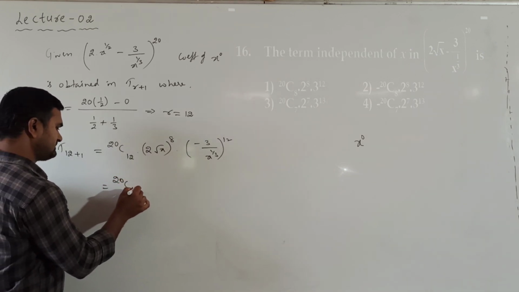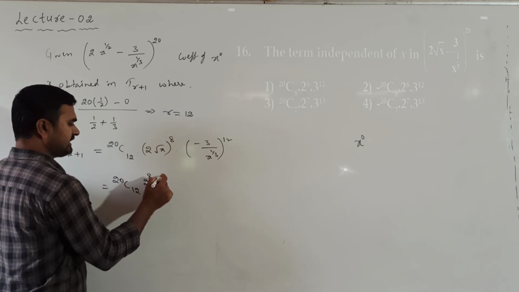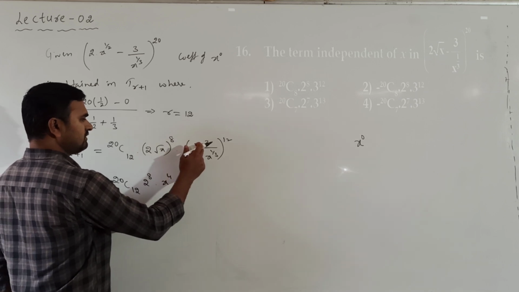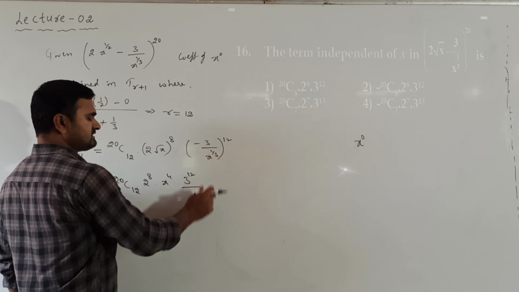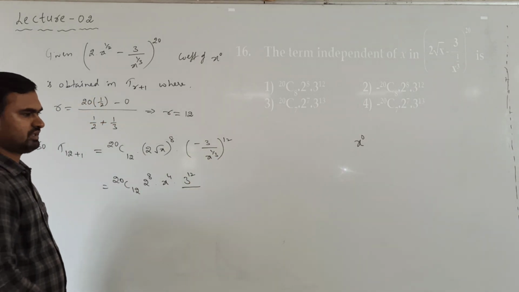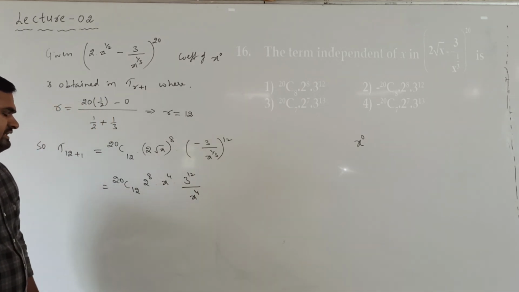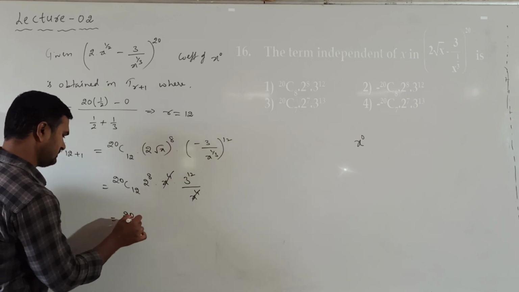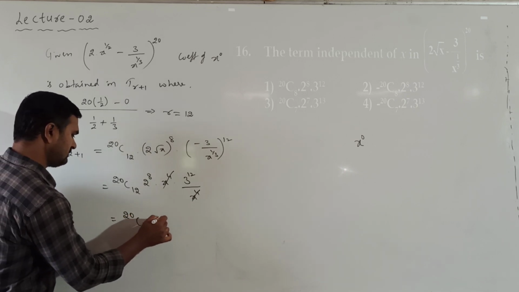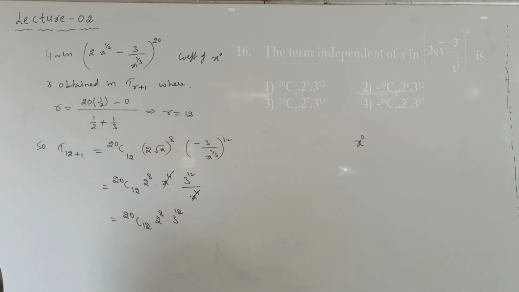So 20C12, 2 to the power of 8, root x to the power of 8 means x to the power of 4, minus 3 to the power of 12, x to the power of 1 by 3 whole to the power of 12. a to the power of n whole to the power of n is a to the power of mn, is x to the power of 4. So x to the power of 4 will get cancelled. So 20C12 into 2 to the power of 8 into 3 to the power of 12. So this will be the required answer.